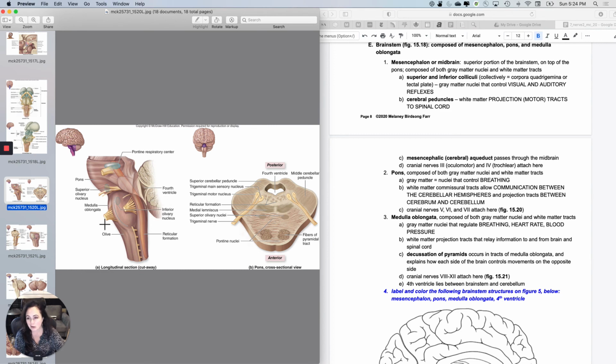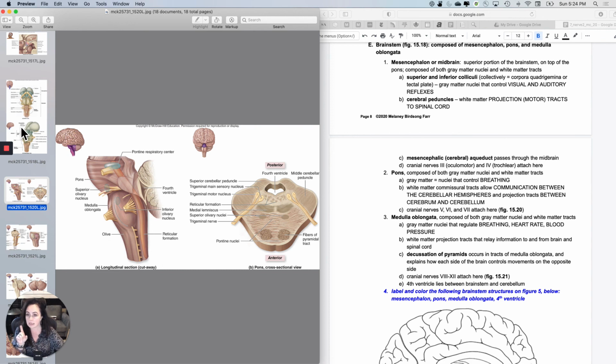And what's going on down here in the medulla oblongata is primarily controlling life-sustaining functionality, like helping the pons to control breathing, controlling heart rate, and controlling blood pressure. And it's got a whole bunch of tracts going forward and back, and the tracts cross there. Okay, so the other thing is once you get down here, you'll start seeing cranial nerves attach.